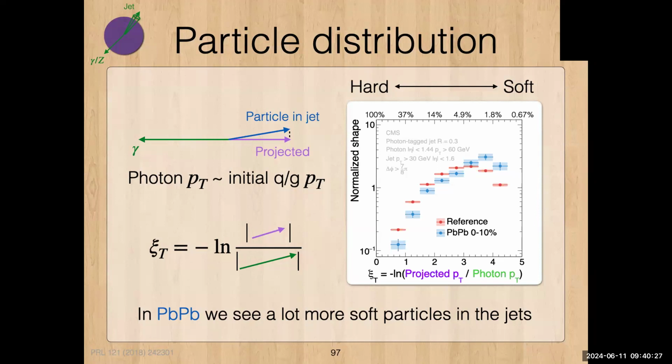So soft particles are on the right, hard particles on the left. The reference, the red one, is what we just saw in the vacuum case, and the blue one is what happens in heavy ion collisions. We see a lot more soft particles here, which is quite interesting, and also a relative suppression of the high-momentum particles inside the jet. So the high-momentum ones are converted into soft, low-momentum ones somehow.